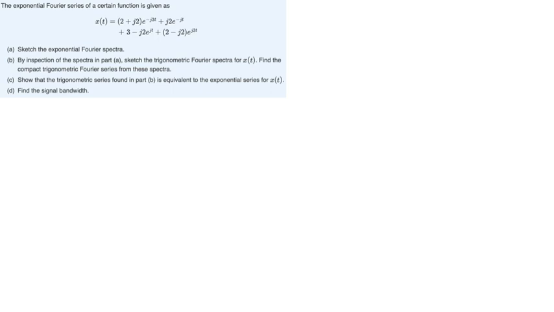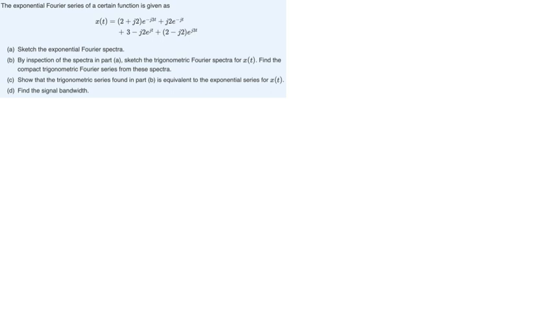It says that the exponential Fourier series of a certain function is given as, so this is the exponential Fourier series expansion. So what you see on the right side are the dn's multiplied by the complex exponentials, right? Remember, these are not just the dn's.